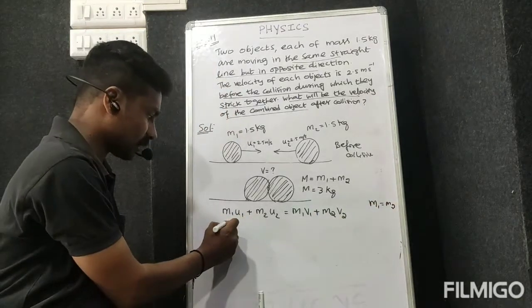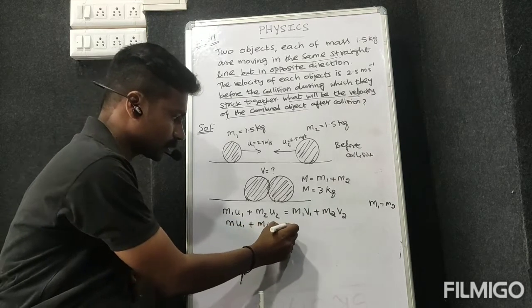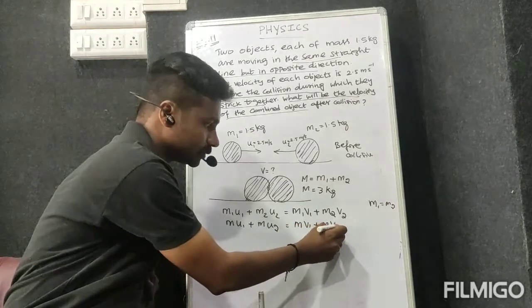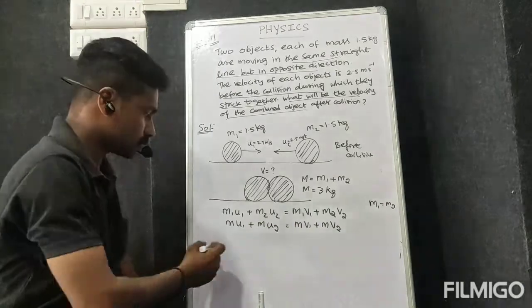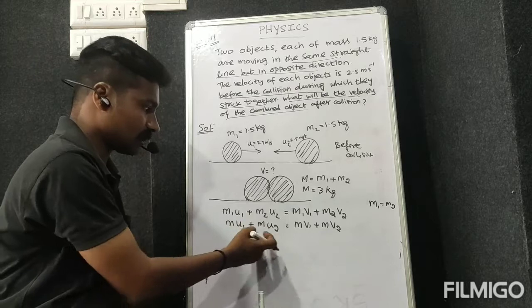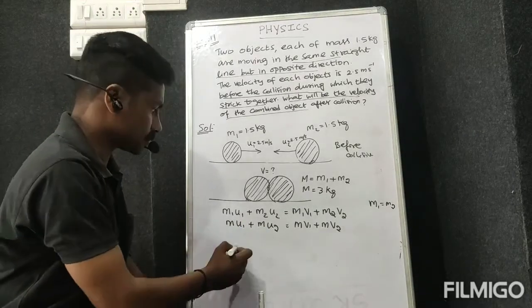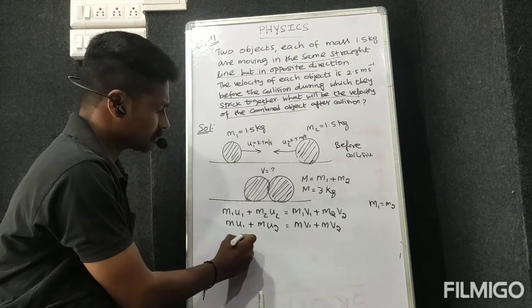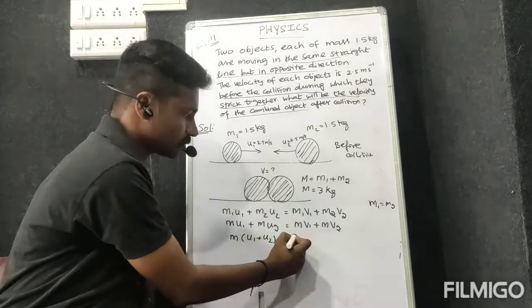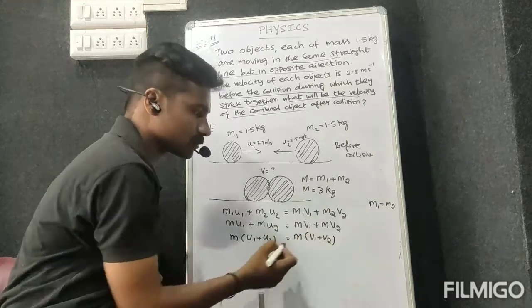So I can write M U1 plus M U2 equals M V1 plus M V2. M is common, so take it outside: M times (U1 plus U2) equals M times (V1 plus V2).